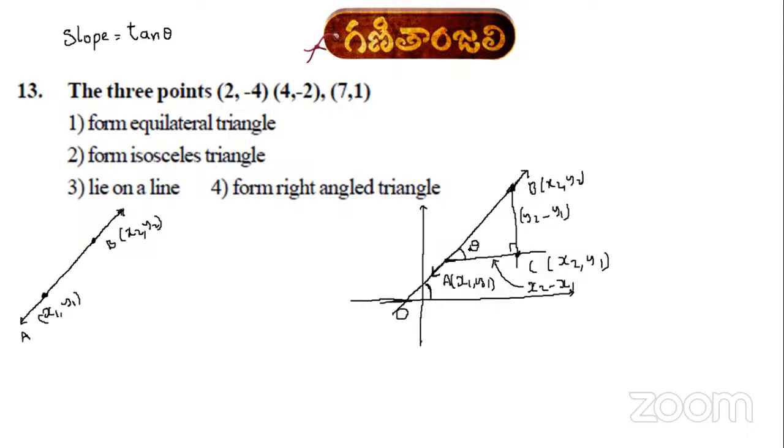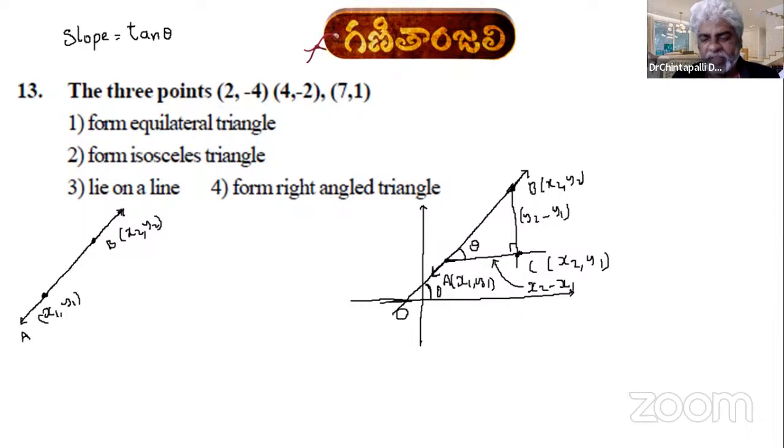If this angle is theta, this is also theta, because AC is parallel to the x-axis and this line AB is a transverse line. These two are corresponding angles. That's why if the angle made by the line with the x-axis in positive direction is theta, then angle BAC is also theta.